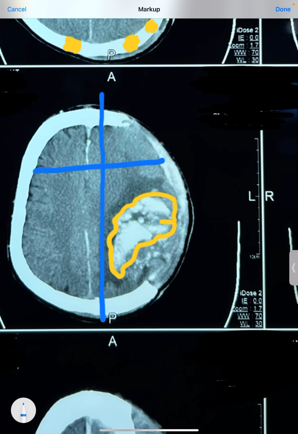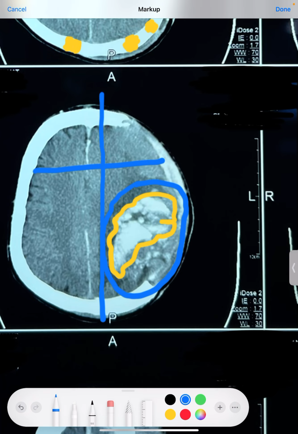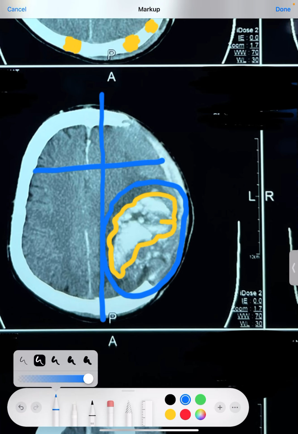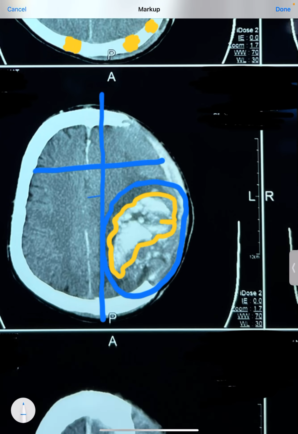But because of this mass effect, because of this bleeding and edema around this left side of the brain, this has simply pushed the brain to the opposite side. This is the reason why there is deviation, or there is shifting of the brain towards the right side. So we can see this is the midline.